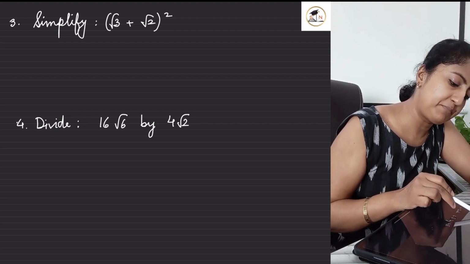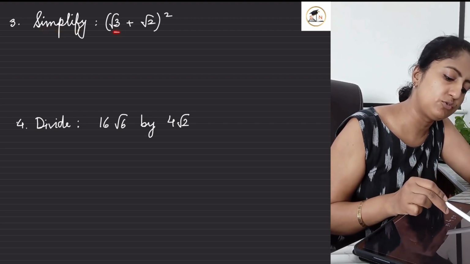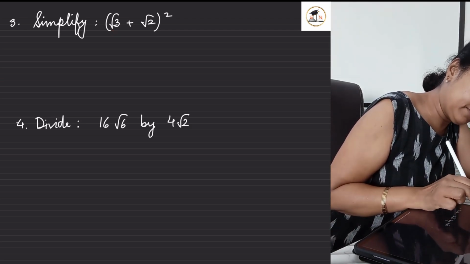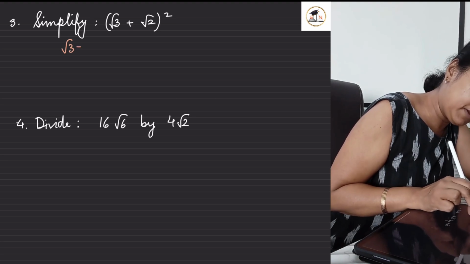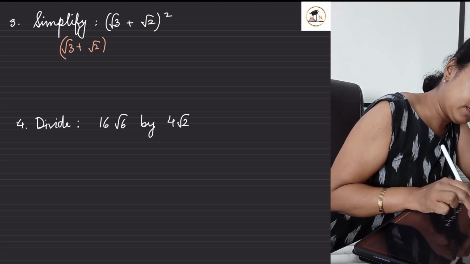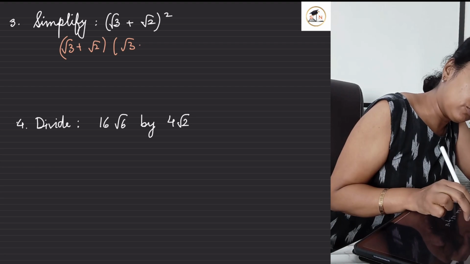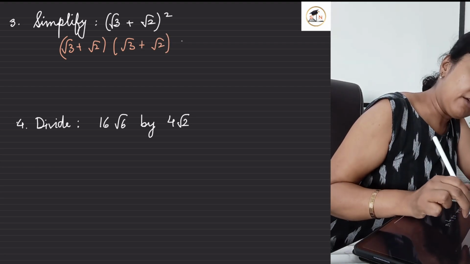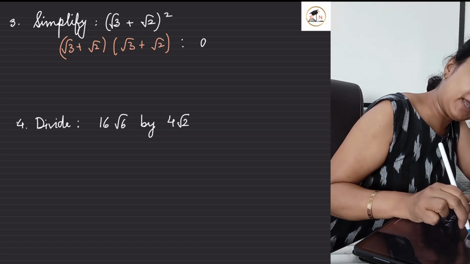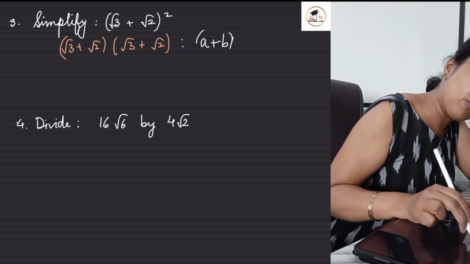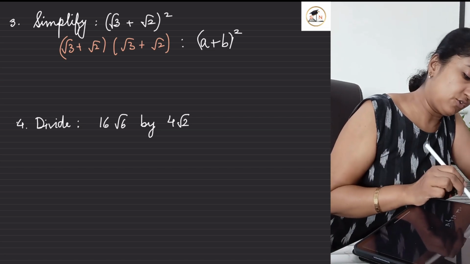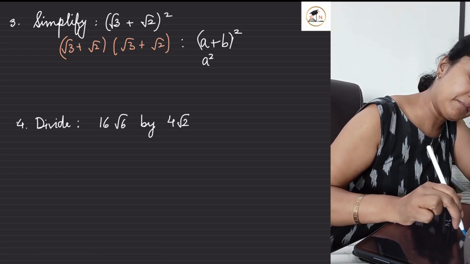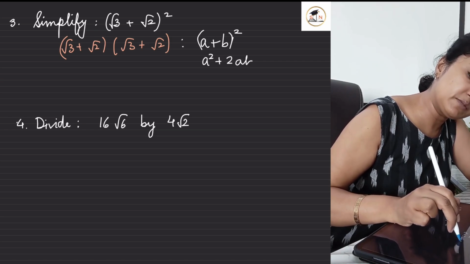Now, let's do the next one. We have: simplify root 3 plus root 2 whole square. Now, whole square means we are supposed to write them like root 3 plus root 2 into root 3 plus root 2. But we are not going to multiply them binomial like binomial. We will apply the identity of a plus b whole square over here, right? So when we say a plus b whole square, this is a square plus 2ab plus b square.